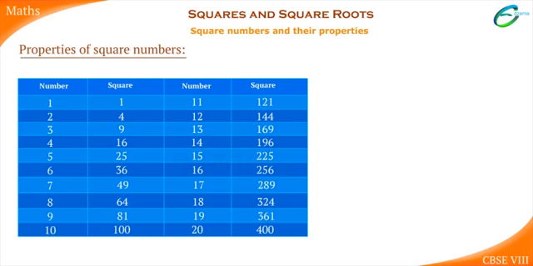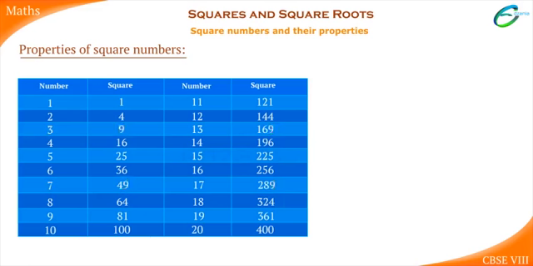Let's explore some more properties of square numbers. Observe that if a number ends with the digit 1 or 9, then its square ends in 1. Similarly, the square of a number that ends with the digit 2 or 8 ends with 4. And the square of a number that ends with the digit 3 or 7 ends with 9.